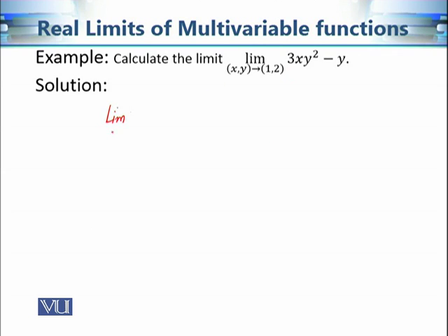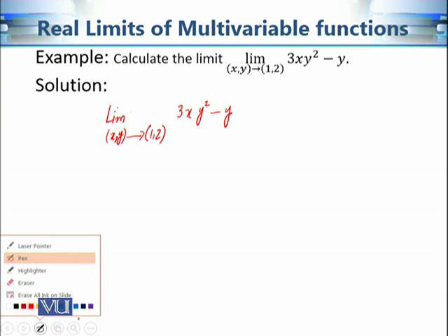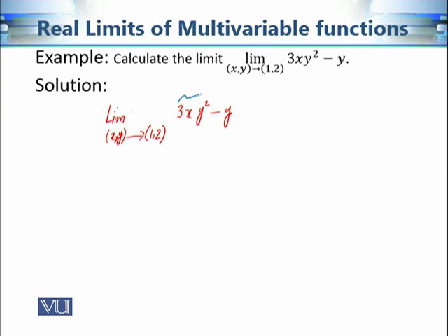So we want to calculate the limit as (x,y) approaches (1,2), and the function is 3xy squared minus y. Now we can say that these are two different functions and there is a subtraction between them. So 3xy squared minus this y.